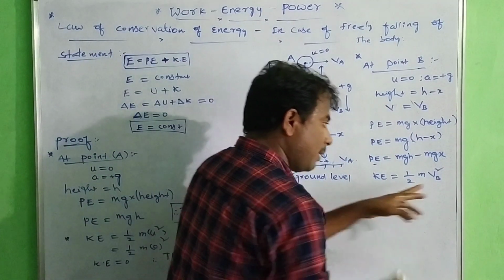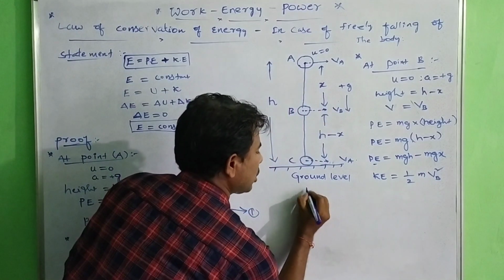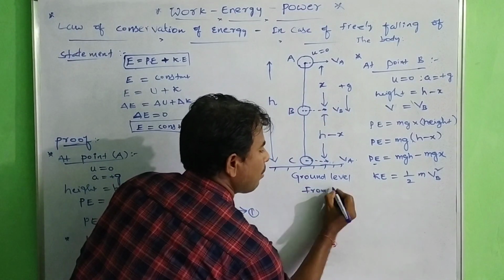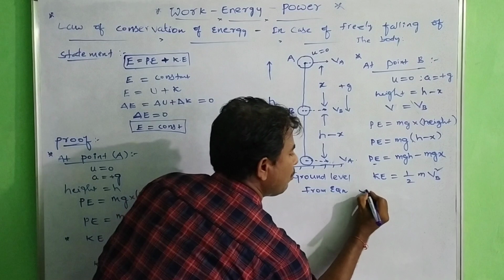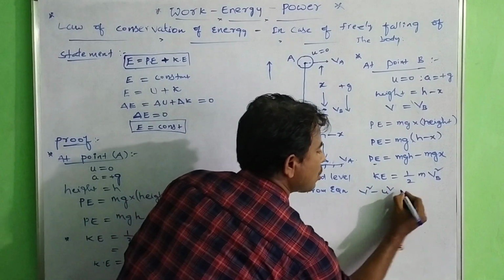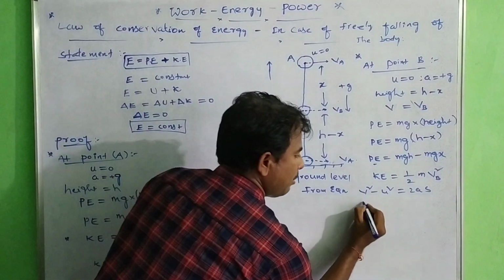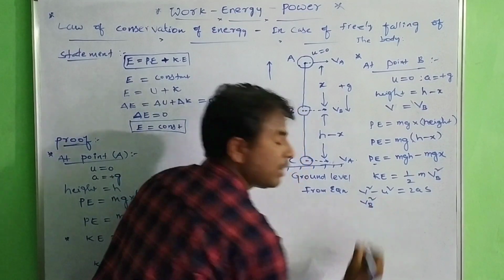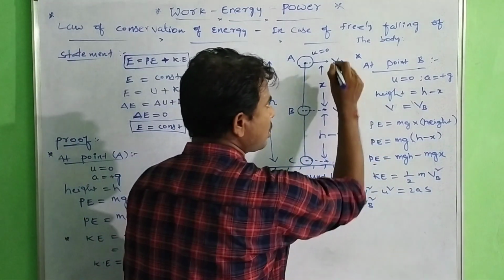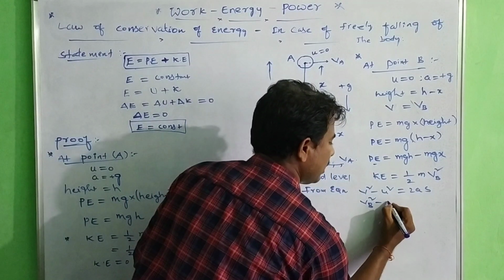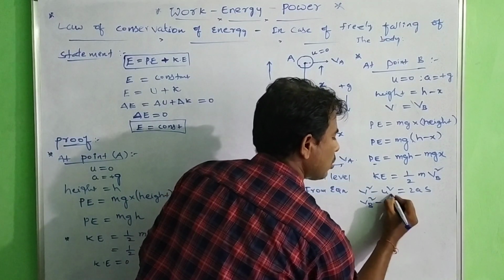Now calculate Vb from the equation of motion, V square minus U square equals 2as. Here V is the velocity at B, Vb square, and U is the initial velocity, 0 square.